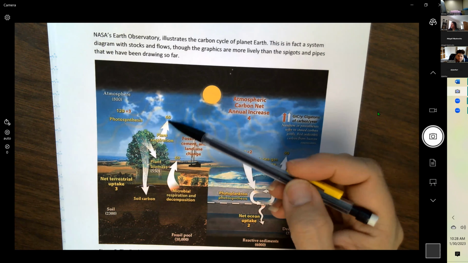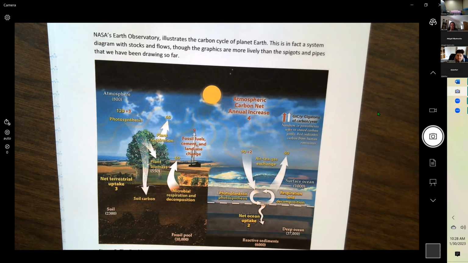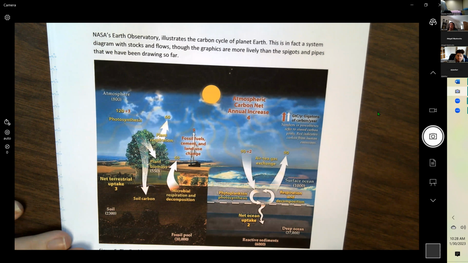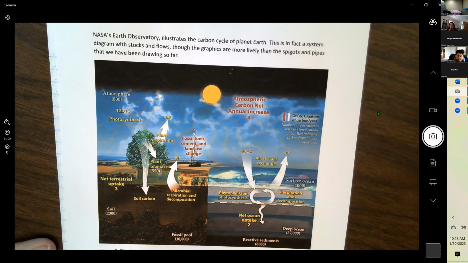The white numbers in the figure are stock levels, measured in gigatons, which is 1 billion tons of carbon. The yellow numbers are natural flow in billions of tons, and the red numbers refer to human caused flow.